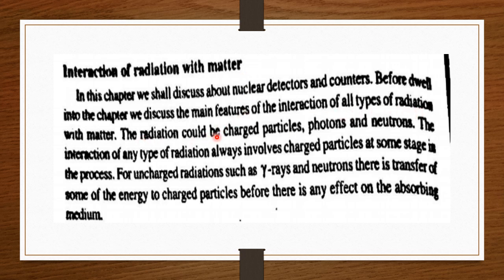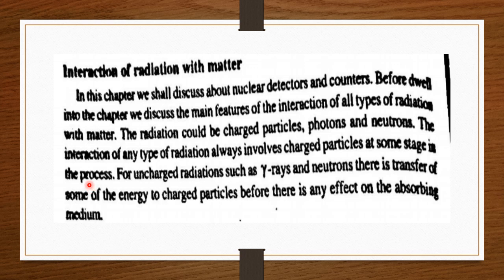So, the radiation could be of charged particles, photons and neutrons. The interaction of these particles with matter has to be studied in detectors and counters. The interaction of any type of radiation always involves a charged particle at some stage in the process.